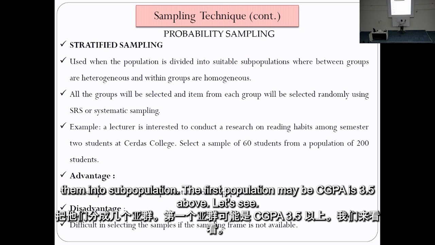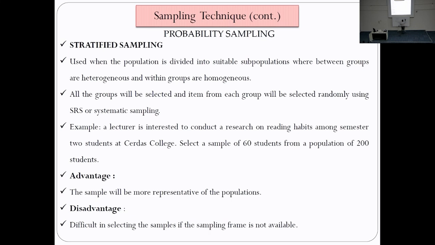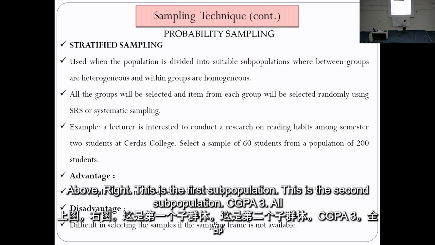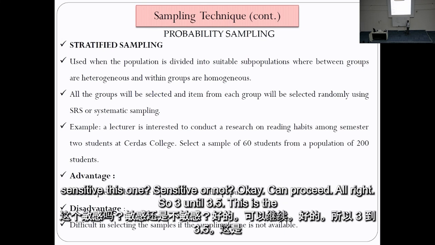So we stratify them into subpopulations. The first subpopulation may be CGPA 3.5 and above. The second subpopulation is CGPA 3.0 until 3.5.